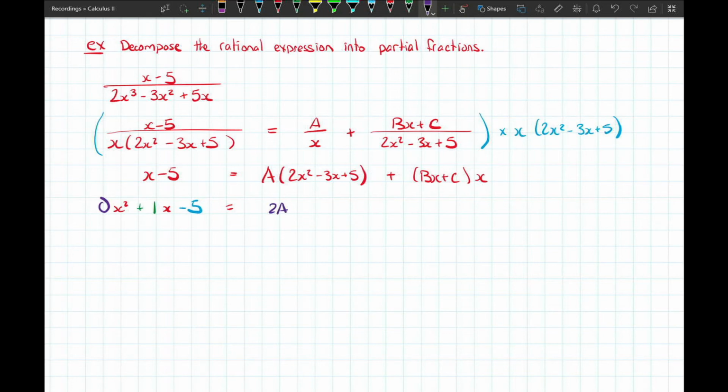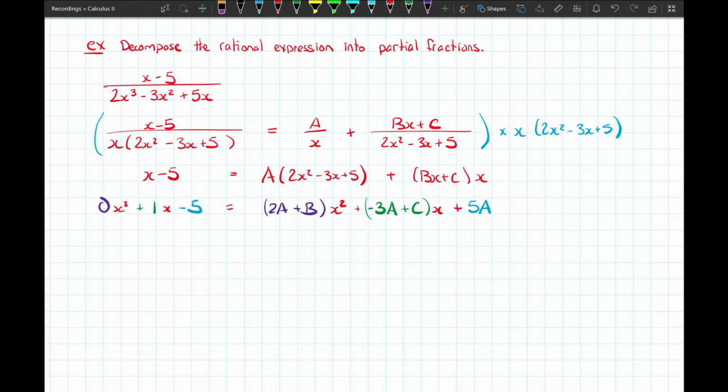So that'll get me Bx squared. Combining those terms together, I'll have 2A plus B all times x squared. Now it's time to look at the linear terms, the terms just involving x. Distributing the A onto the minus 3x, I'll have negative 3A. And you can see that I need to distribute the x onto the C, so I'll also have plus C. And combining those together, my x terms will be negative 3A plus C with its coefficient. Finally, I am only going to get one constant term, and that's going to be A times positive 5.